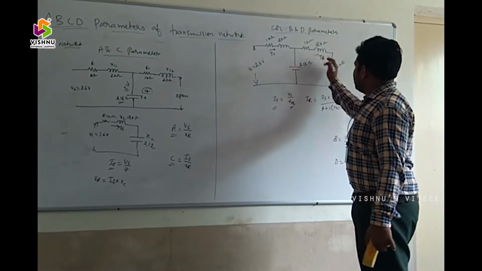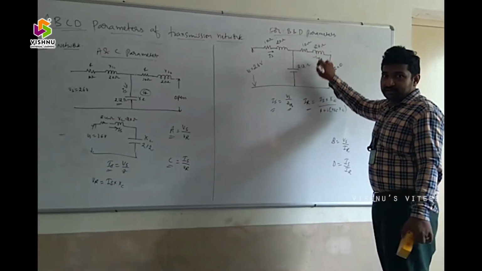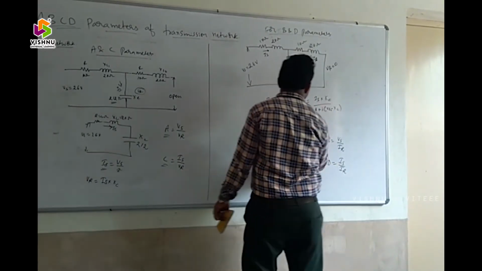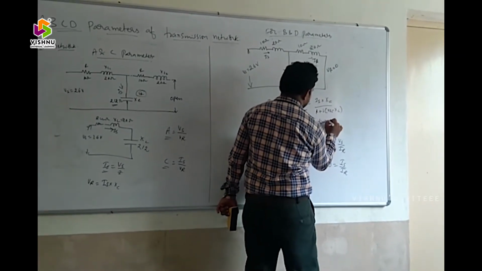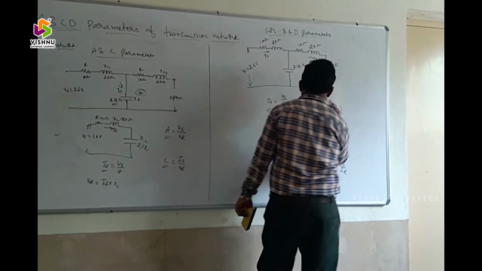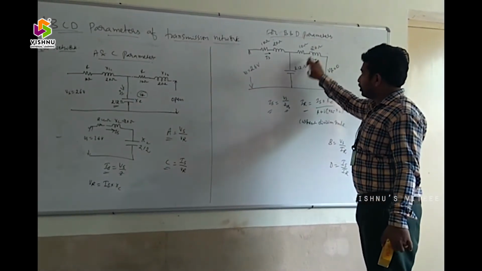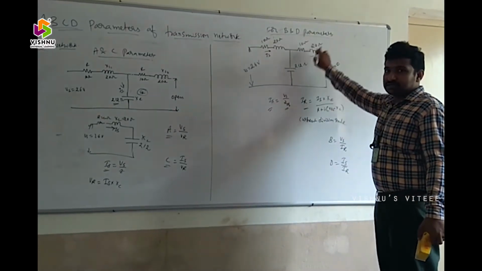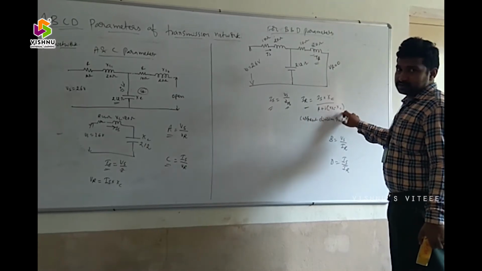Again, IR is nothing but the receiving end current. For IR, you can use the current division rule. IR is equal to IS into the opposite impedance, that is XC, divided by the combination of total R, L, C, R plus j XL minus XC.